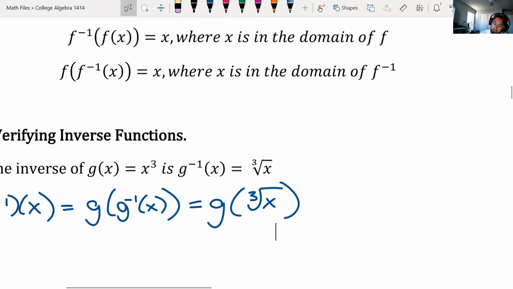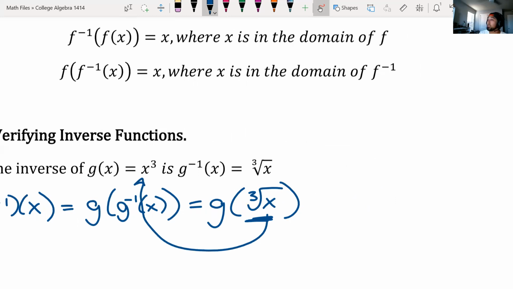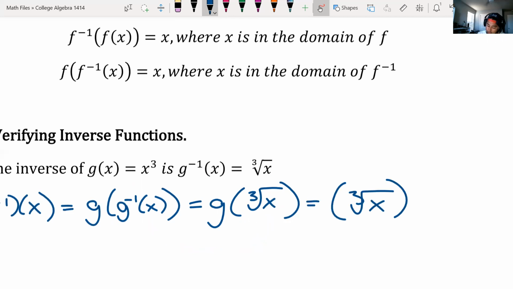Now remember, with compositions, we're going to take the cube root of x and plug it into function g for every x. So this will give me the cube root of x to the third. What is going to happen to the cube root and the cube power?